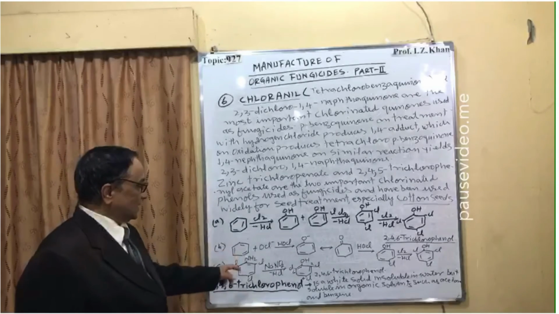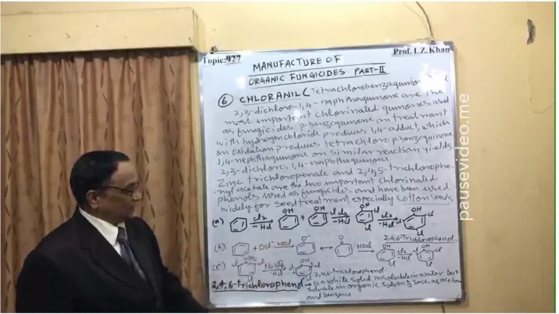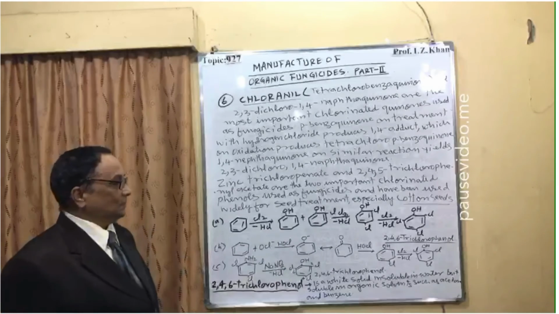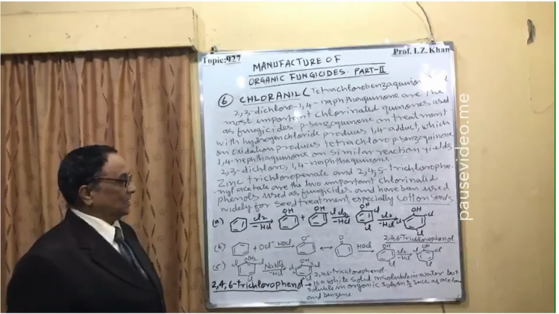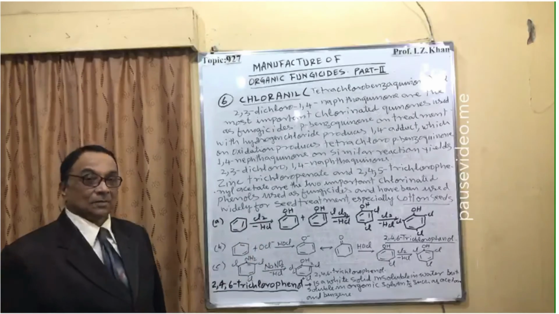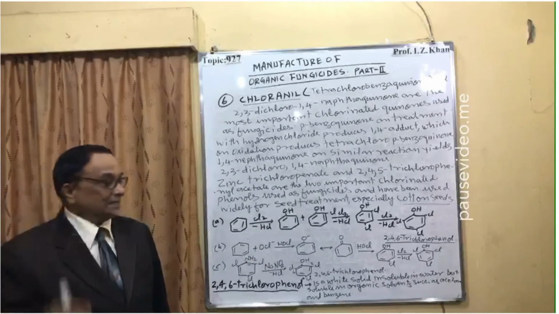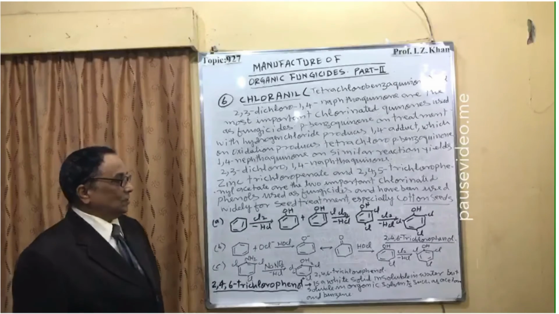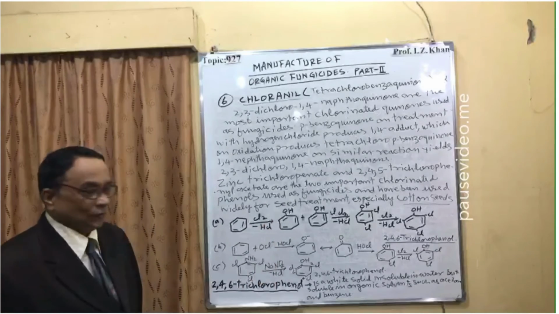In the B reaction also, it is treated with HOCl, it will be quinone, and again with HOCl it will be chlorophenol, and again chlorination finally will give you 2,4,6-trichlorophenol.